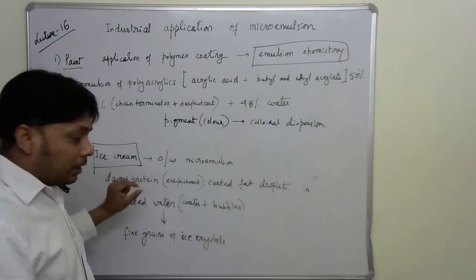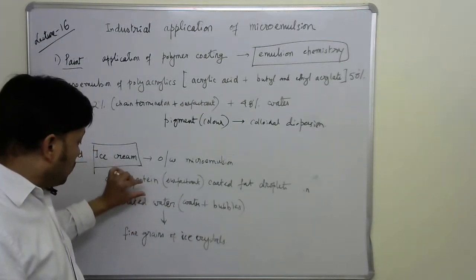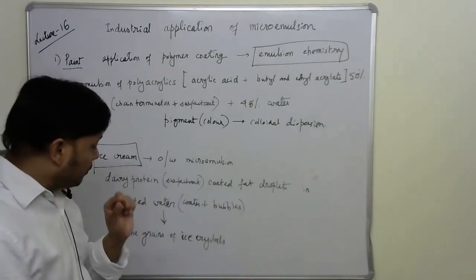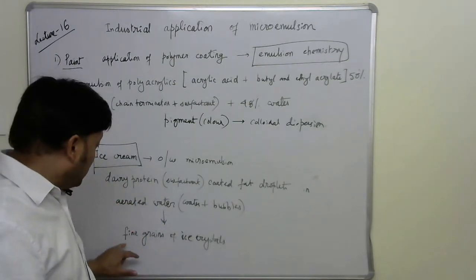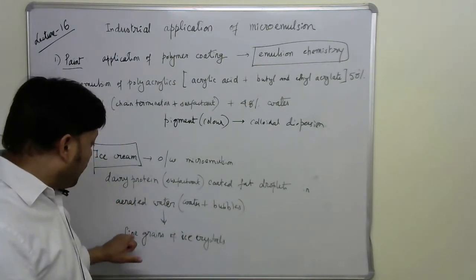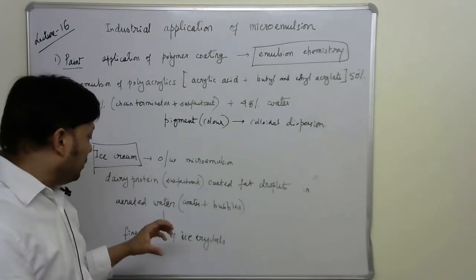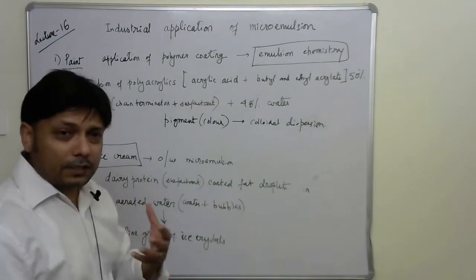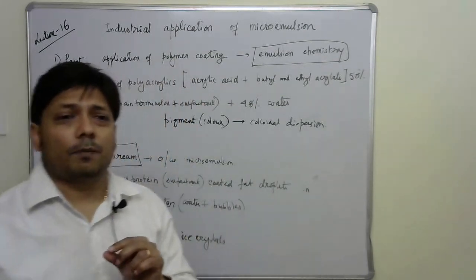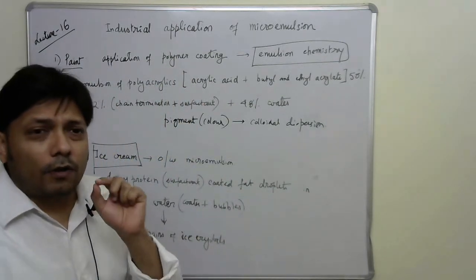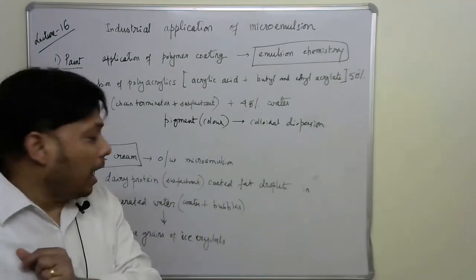And then the major trick for ice cream is that the water has to be frozen in a certain manner so that it gives certain fine grains of ice crystal. So the unique taste of ice cream actually comes from that fine grain or the fine texture of this ice crystal.